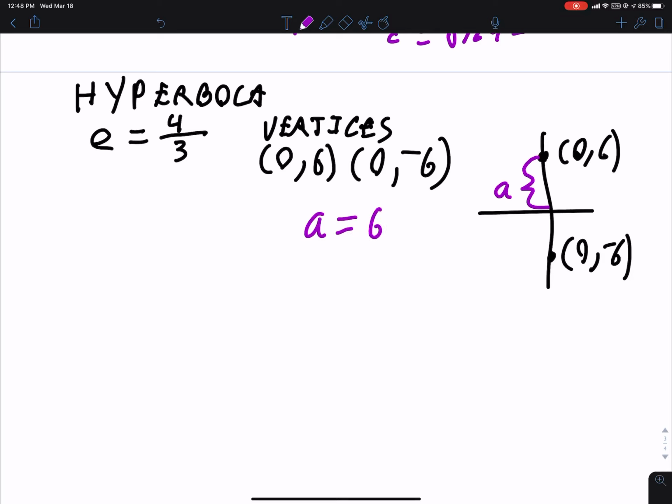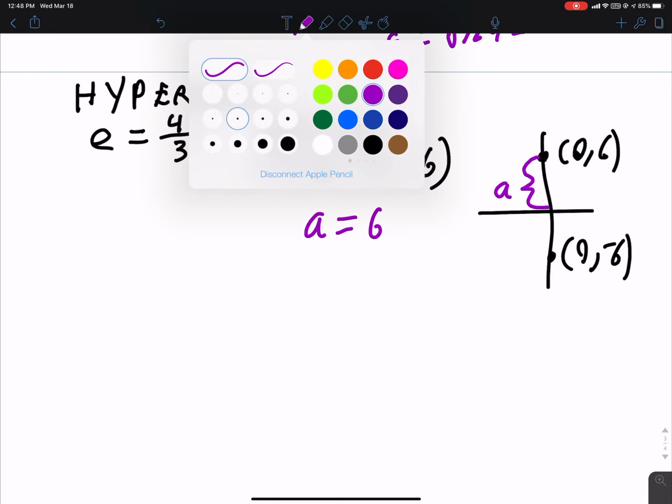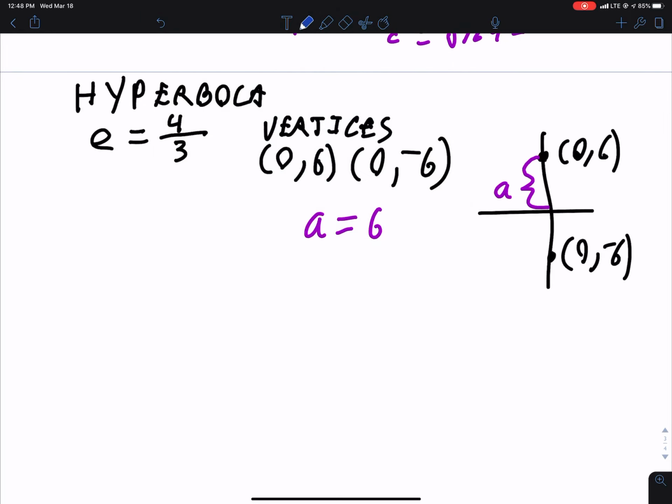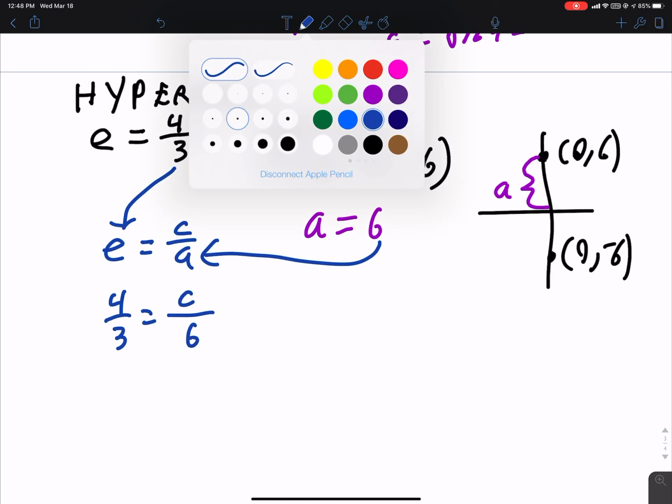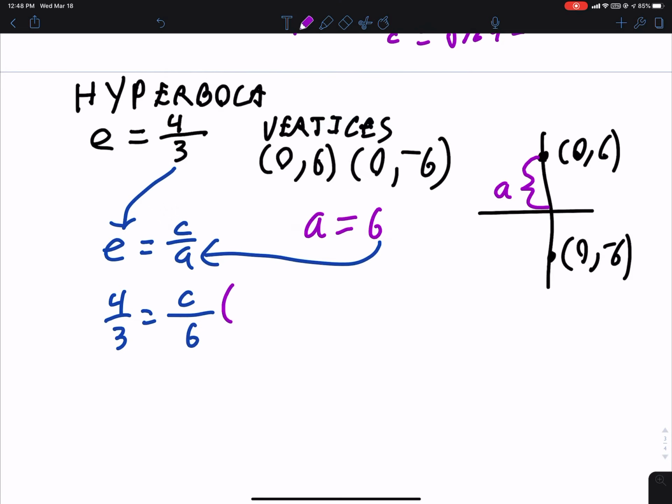Now, we can use our formula for eccentricity to calculate c. So eccentricity is c over a. Plug in 4/3 for e and plug in 6 for a. We will now multiply both sides by 6, and we get c as 8.